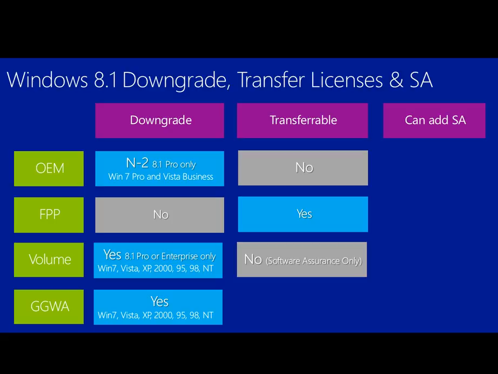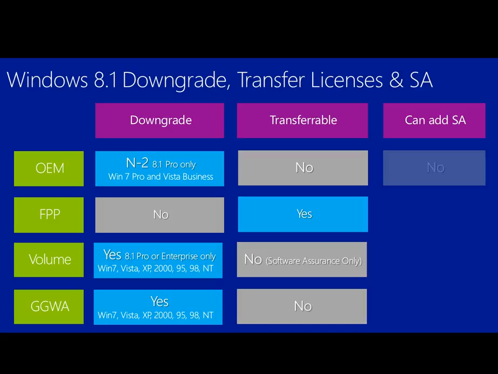I hope that's clear. Again, this is for 8.1 only. GGWA, the answer is no. You cannot transfer GGWA because it's almost like your base license. If you don't have a genuine license, then that's your base license, so you cannot transfer it anymore, but you can downgrade.